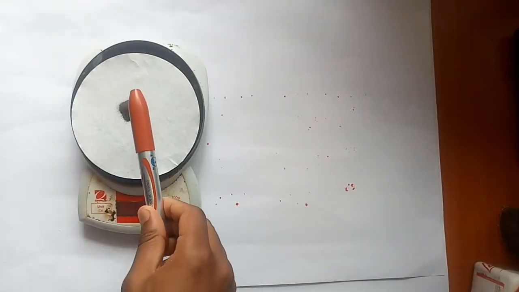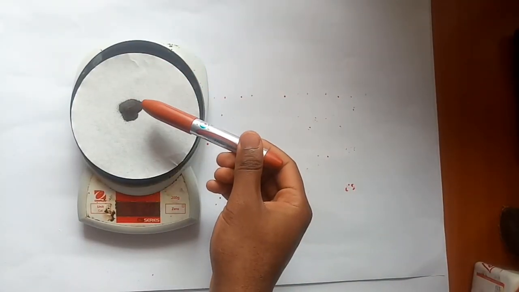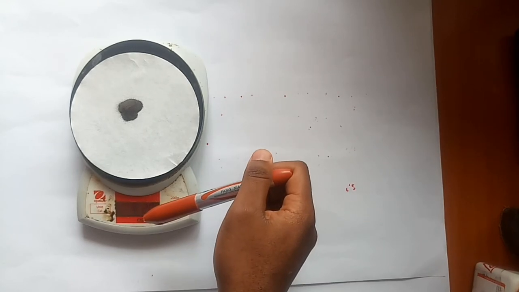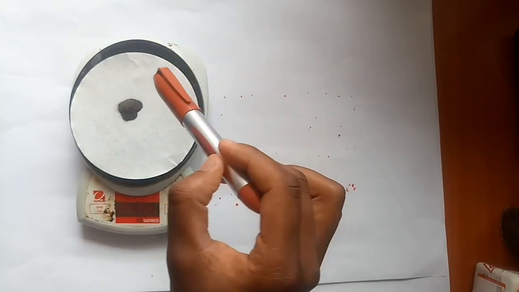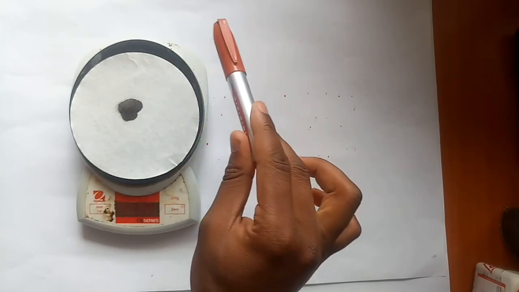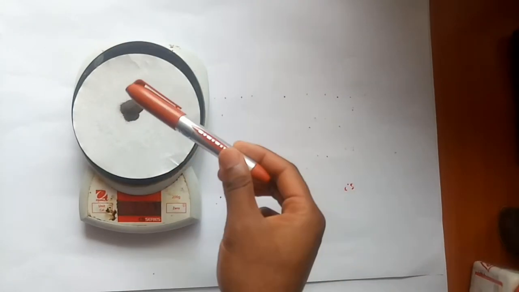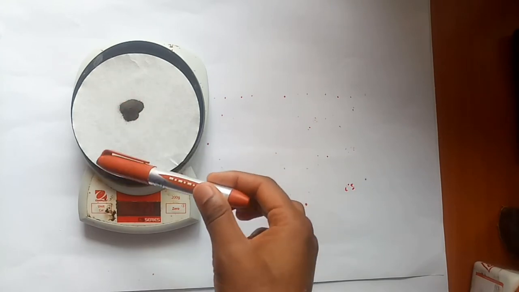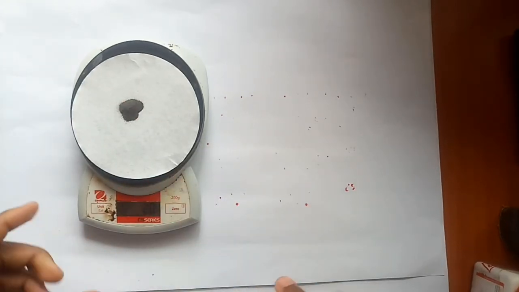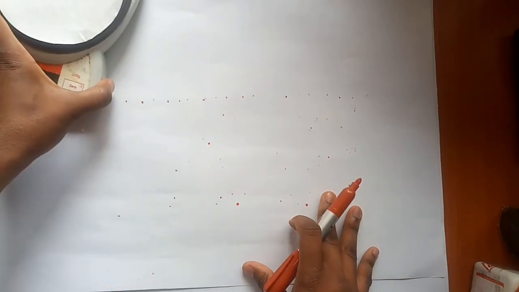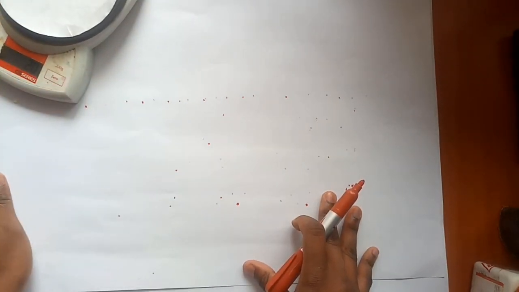So what I have here is 2 grams of iron filings. We want to see how many atoms of iron I have. I have 2 grams of iron filings. How many atoms of iron filings do I have? Let me see. We start by determining the RAM of iron.